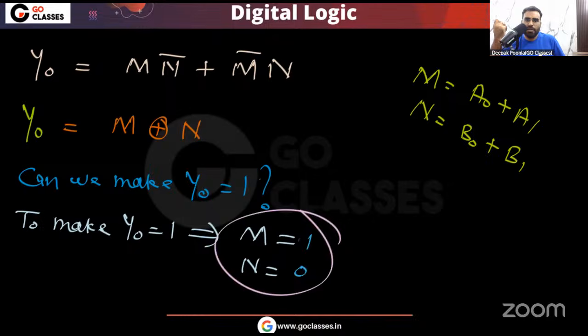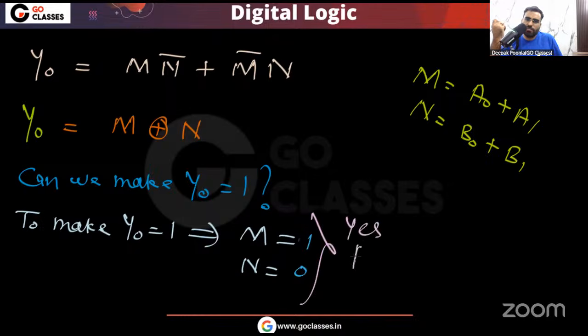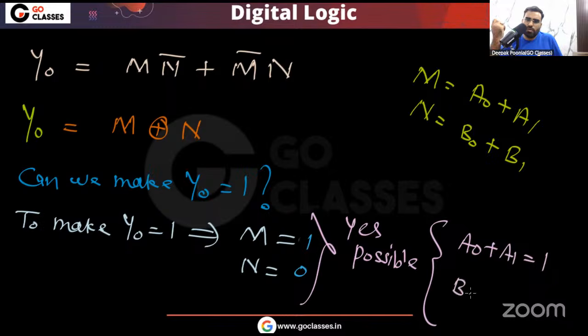I can also make m 1 and n 0. This is also possible. Here you can see that to make m 1, I will make a0 or a1 equal to 1. To make n 0, I will make b0 0 and b1 0. Okay, so I hope you understood that y0 equal to 1 is possible.